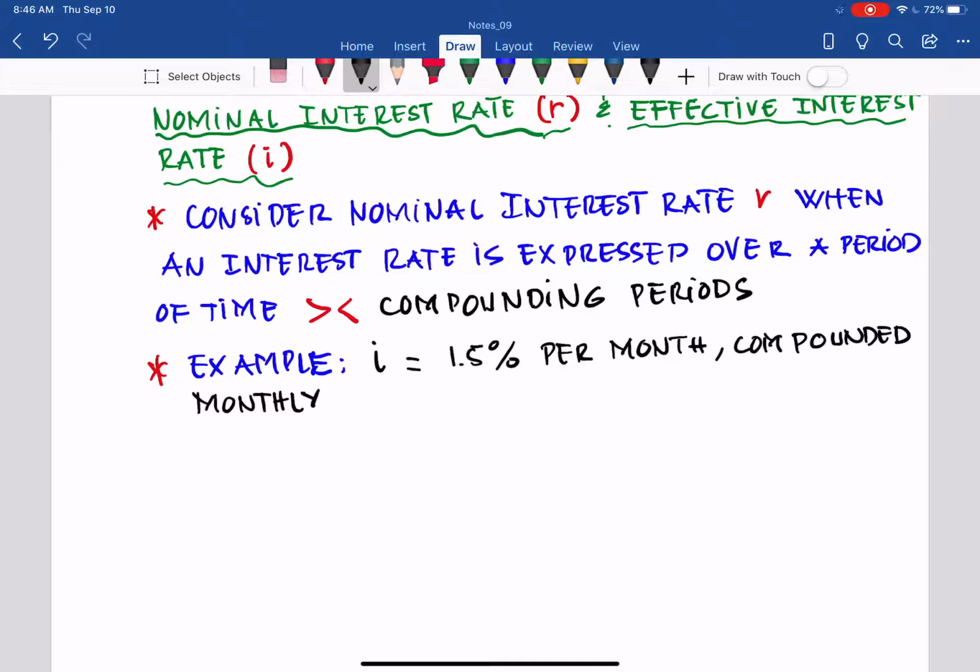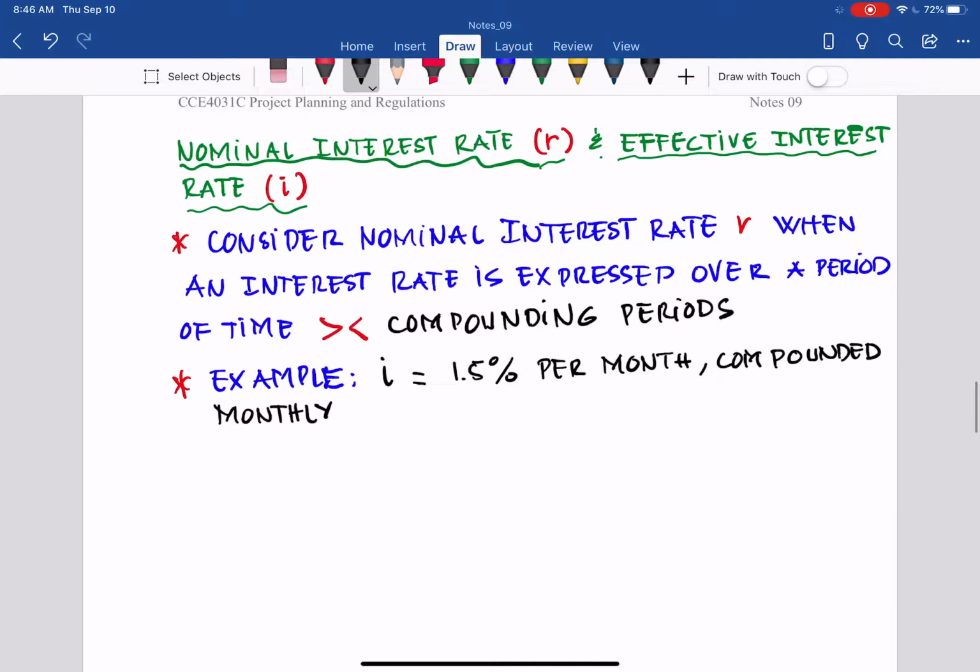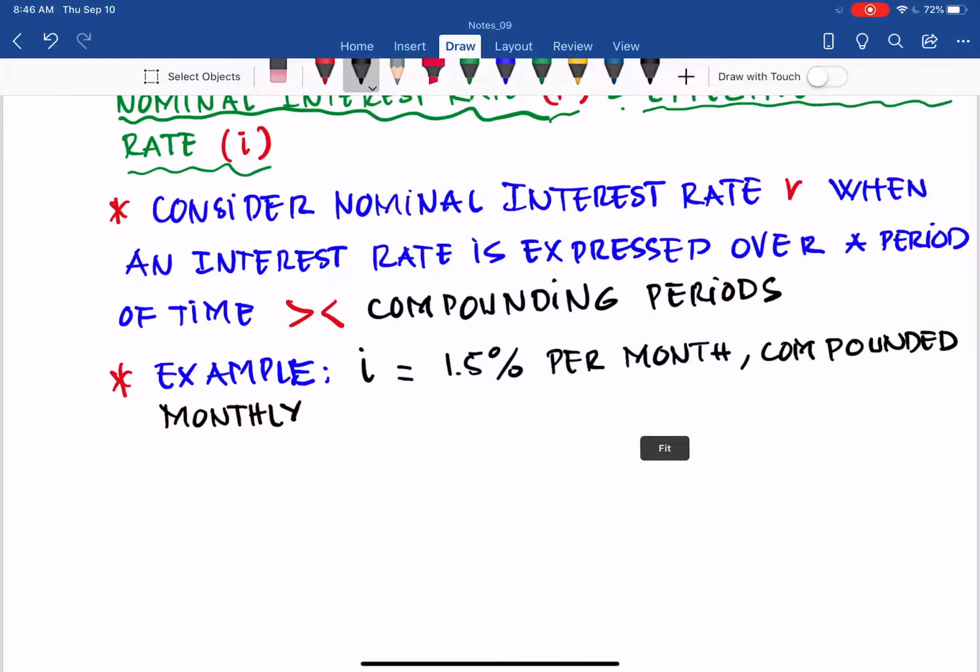As you can see here, this 1.5% is I, effective, not R, because the interest is spread per month and it is compounded monthly. What does that mean? They are the same, so that will be I. If it's not the same, then it will be nominal interest, by the definition: over a period of time different from the compounding period.